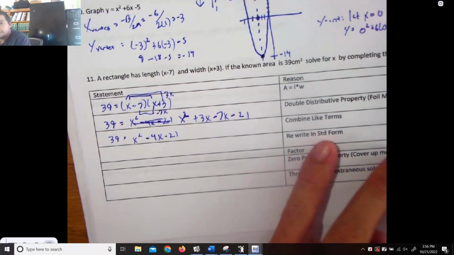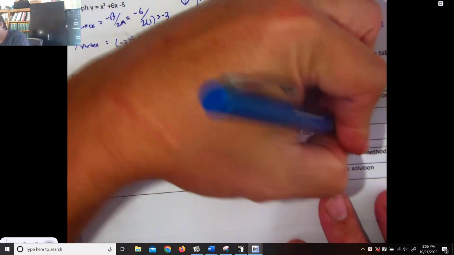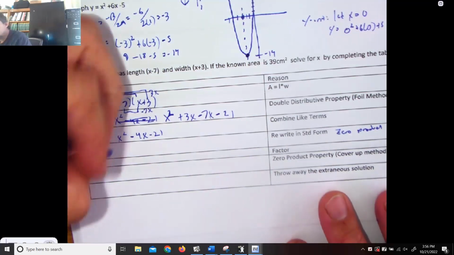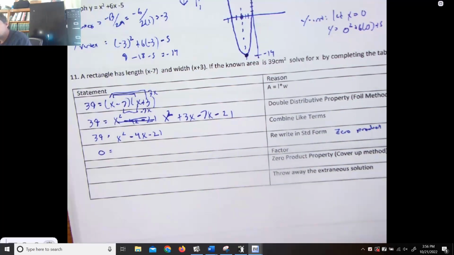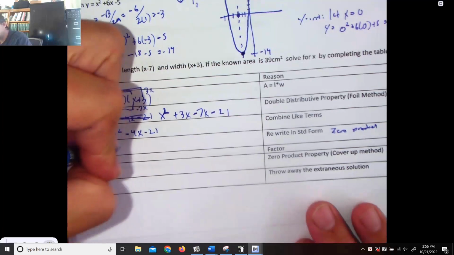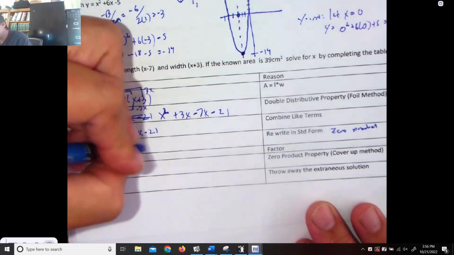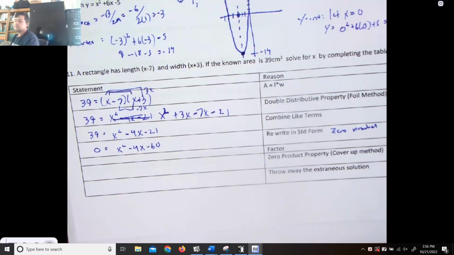This says rewrite in standard form. Hopefully what you're thinking about is that zero product property. It has to be set equal to 0. So I am going to take 39 away from 21, and I'm going to get a negative 60. And then it tells me to factor.